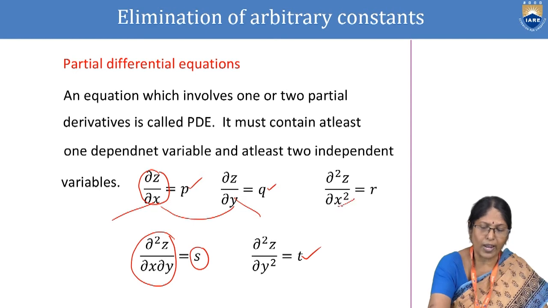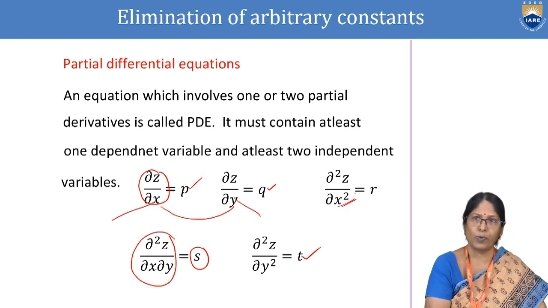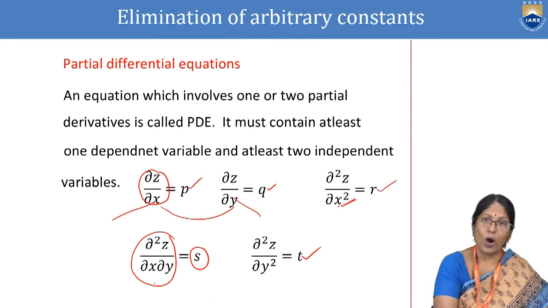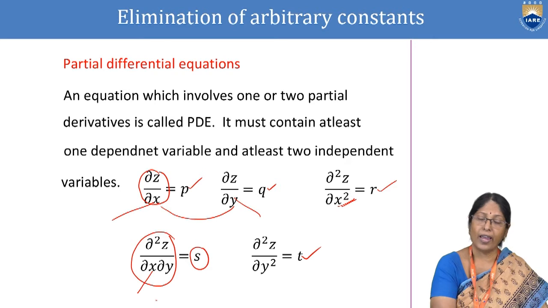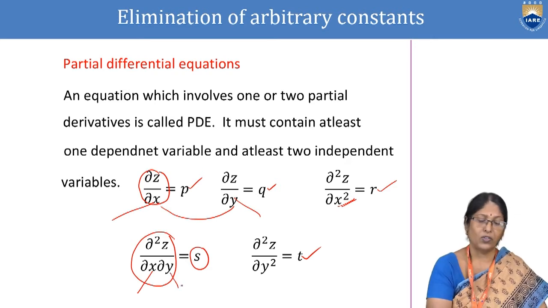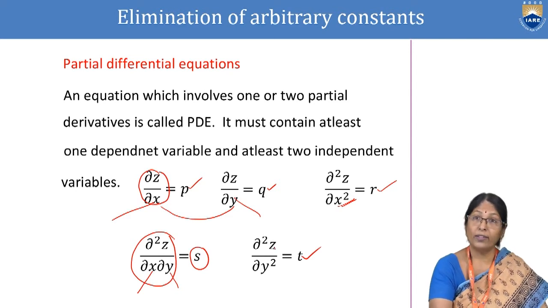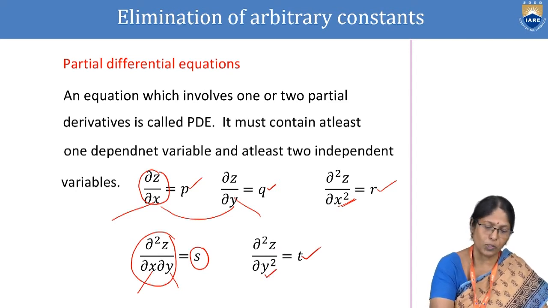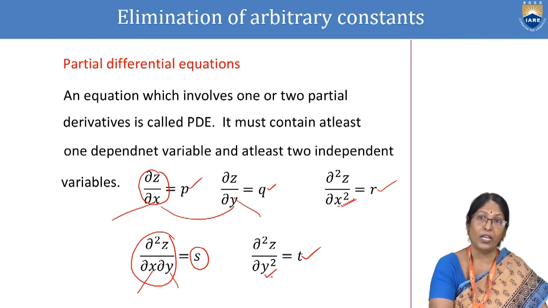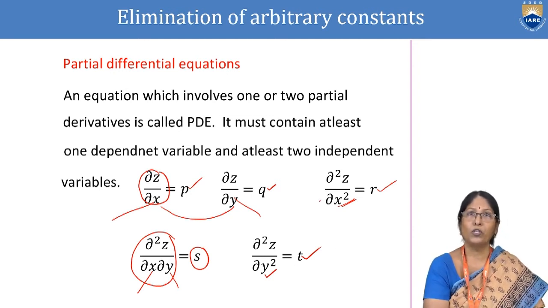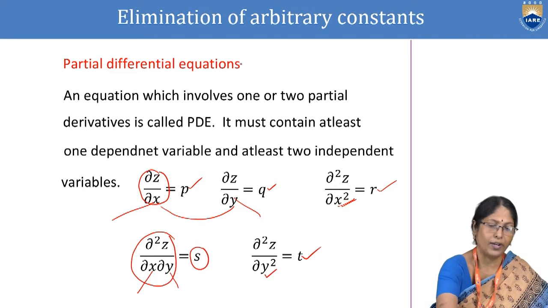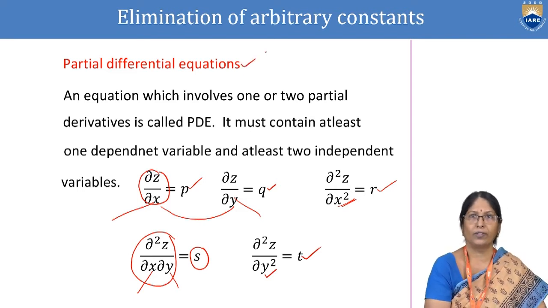Here, twice with respect to x gives small r. Here, one time with respect to x and again with respect to y gives small s. ∂²z/∂y², partially twice with respect to y, is denoted by t. These notations are going to play a role in partial differential equations.